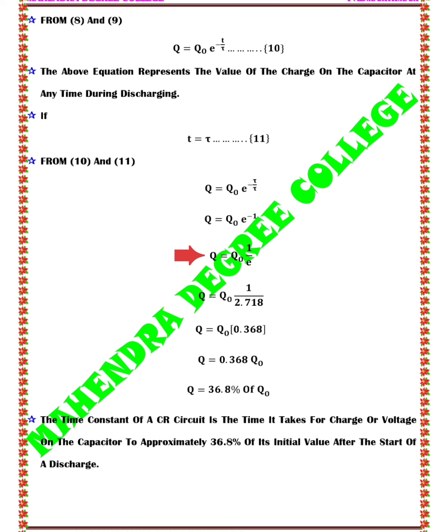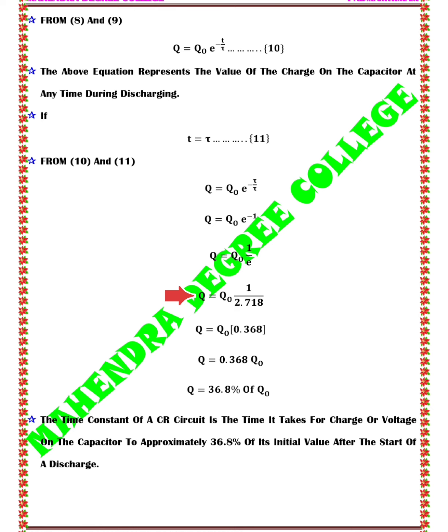We get Q equals Q naught into 1 by e, where e represents Euler's number, or the natural exponential, a fundamental mathematical constant approximately equal to 2.718. So, e equals 2.718; substitute this value in the above equation.